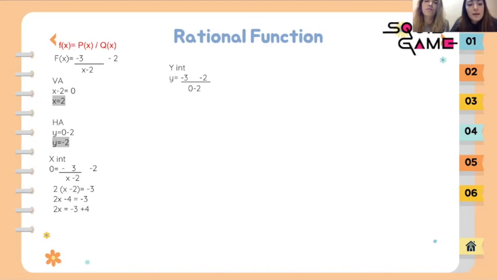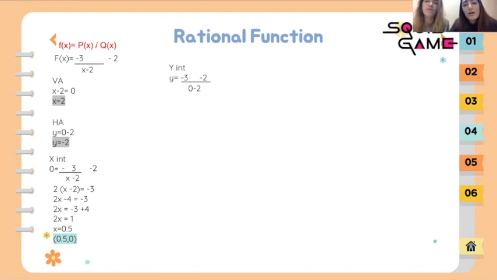The next step is to pass the -4 to the other side, adding, and we got 2x equals 1. So x equals 0.5, and the x-intercept is (0.5, 0).